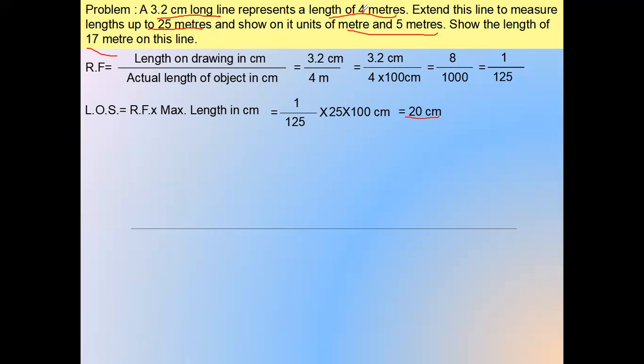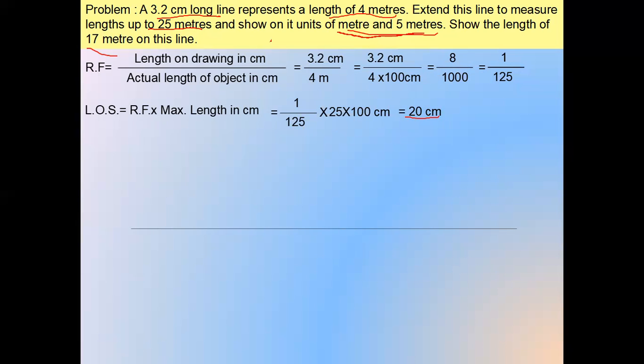Now move to the least count. The least count is 5 meter. That means we need n number of parts, and n is the maximum length divided by 5 meter. Our maximum length is 25 meter, so 25 meter divided by 5 meter means n is 5.